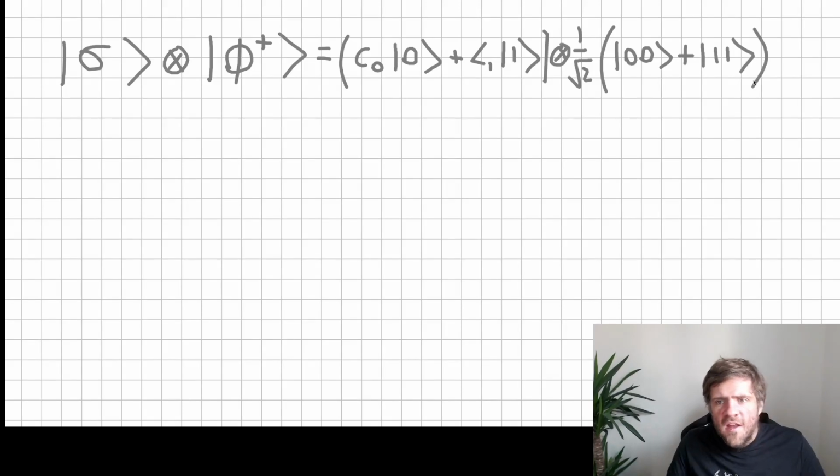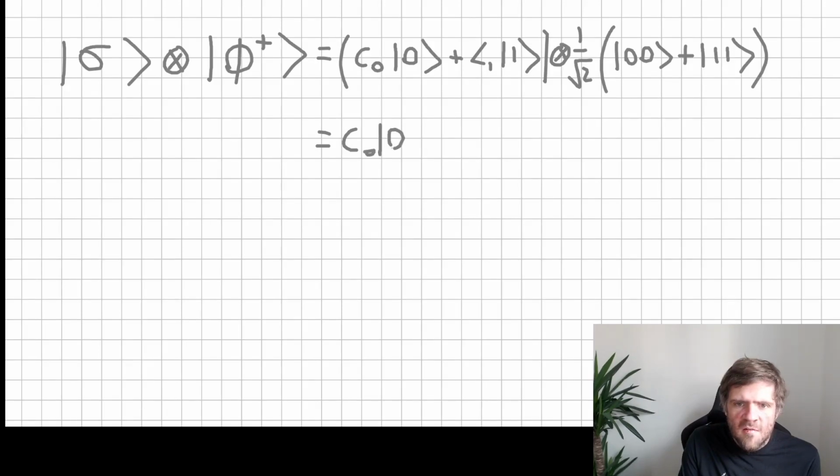So if we expand out these brackets, if we use the tensor product to make them into just single 3 qubit states, then we have 4 terms, C0 times 0, 0, 0. So that's for when we multiply this term by that term. And of course we have to close the bracket as well.